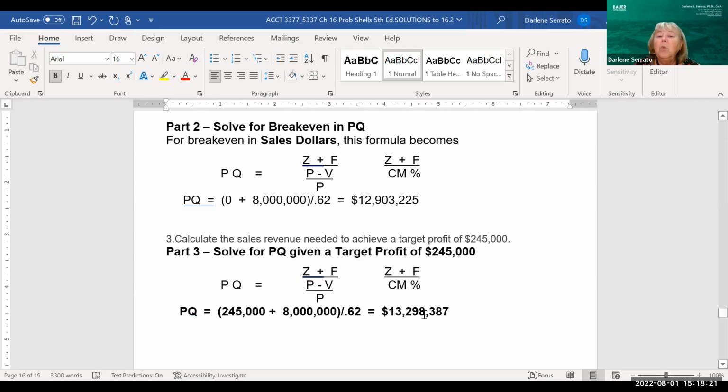So it's going to be more dollars because my profit is going from 0 to 245,000.